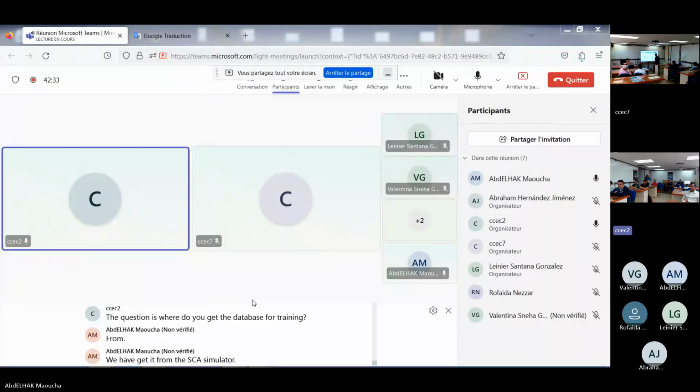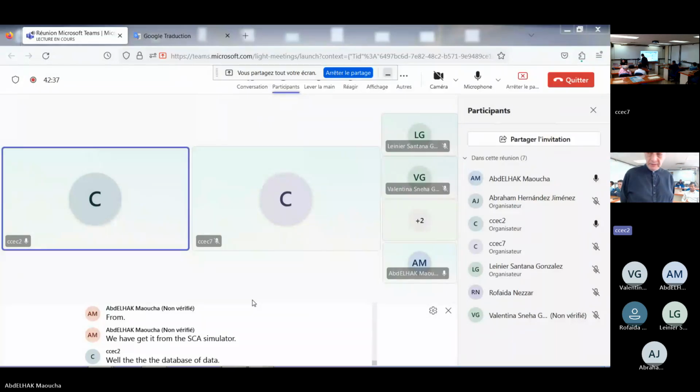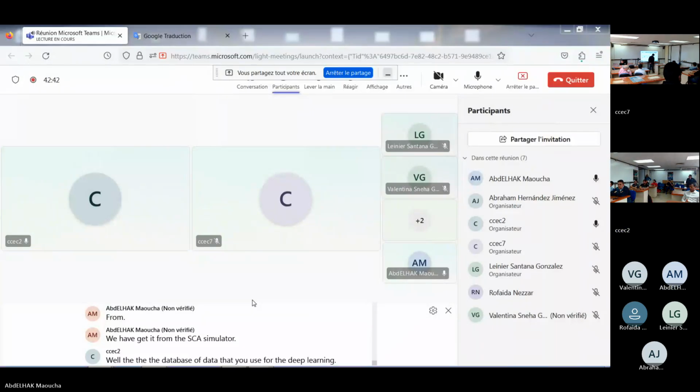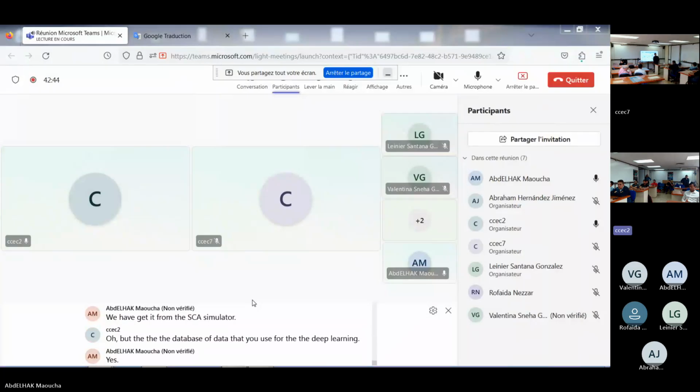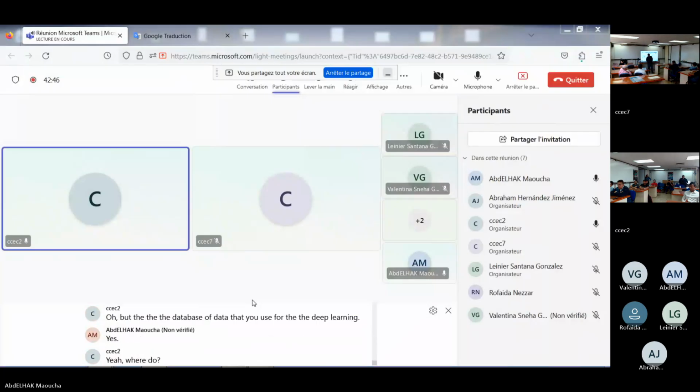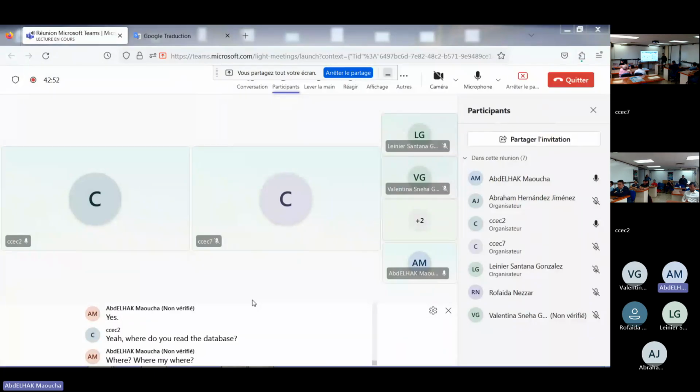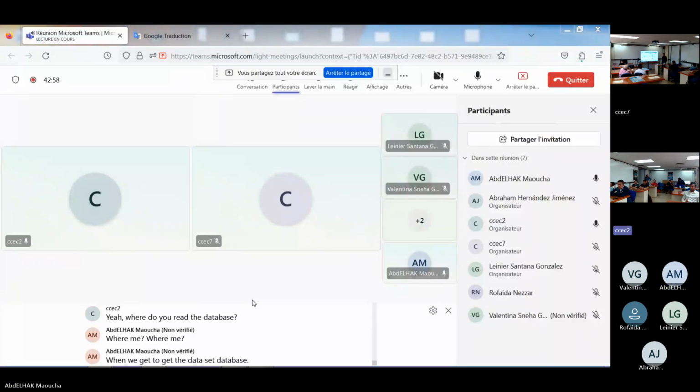But the database of data that you use for the deep learning. Where do you get the database?